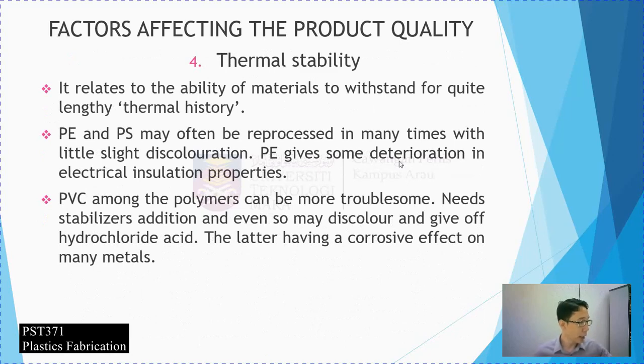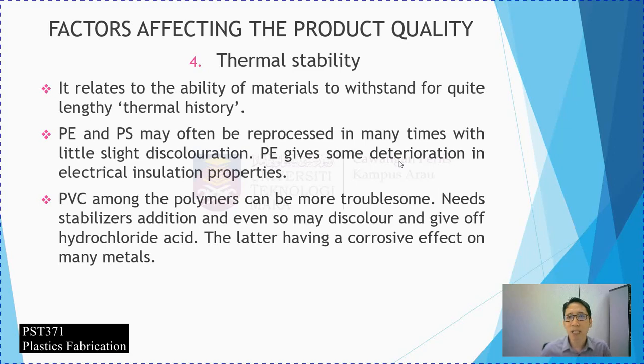The fourth one is the thermal stability. It relates to the ability of a material to withstand a quite lengthy thermal history. PE and PS, okay, polyethylene and polystyrene, may often be reprocessed many times with only slight discoloration.